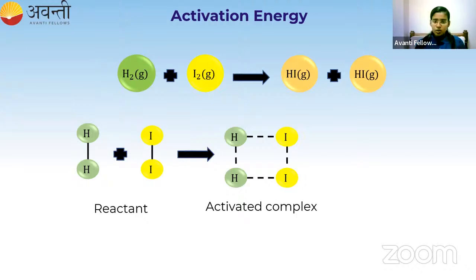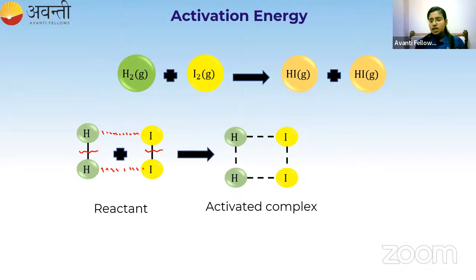Here you can see a new bond is formed between the hydrogen and iodine, and the old bond which is already present is trying to break down. One side is broken and the new bond is formed. So bond breaking and bond formation is happening in the activated complex.